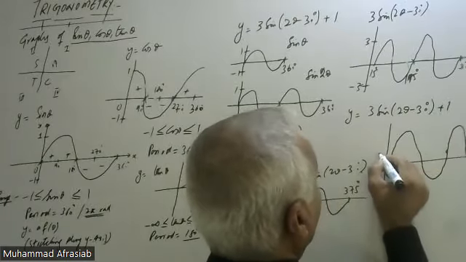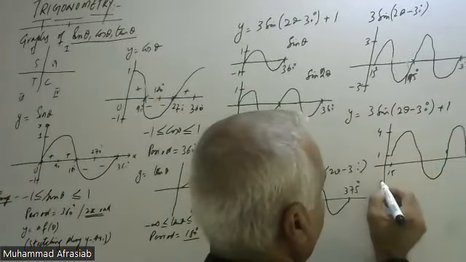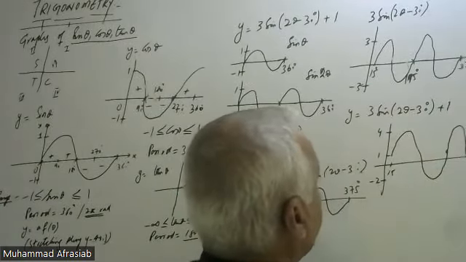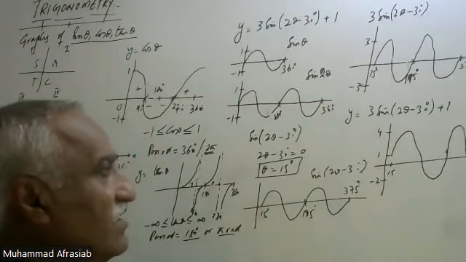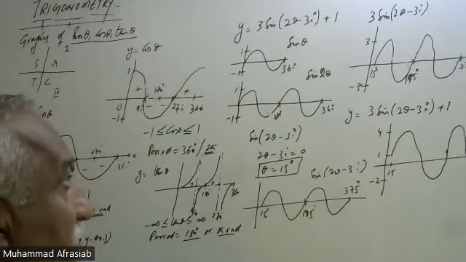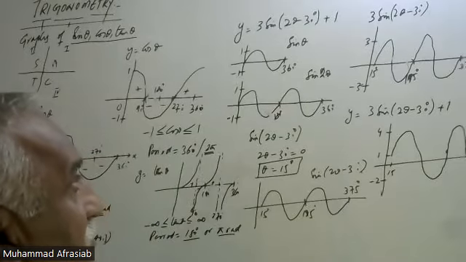This 1, this will become 4, and this value will become minus 2. So this is the way that we are going to draw the sketch of this function with a transformation.